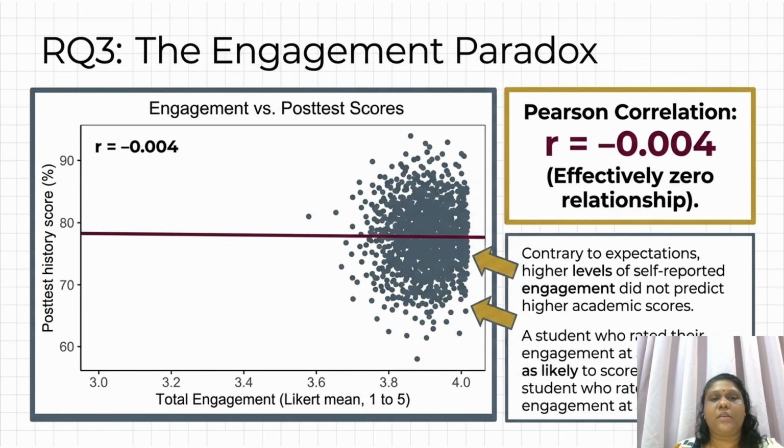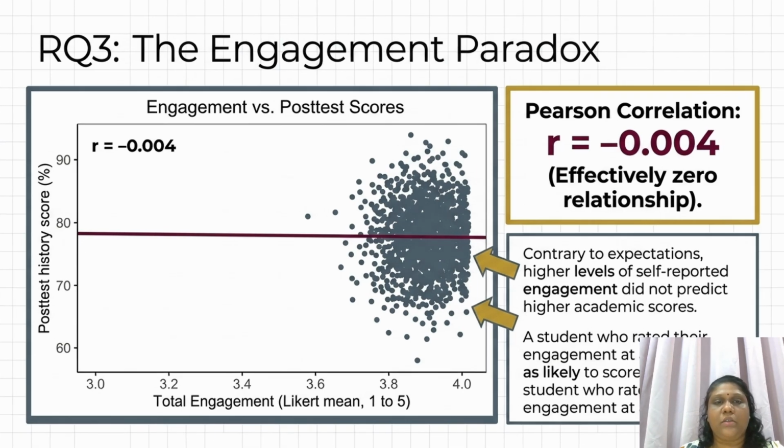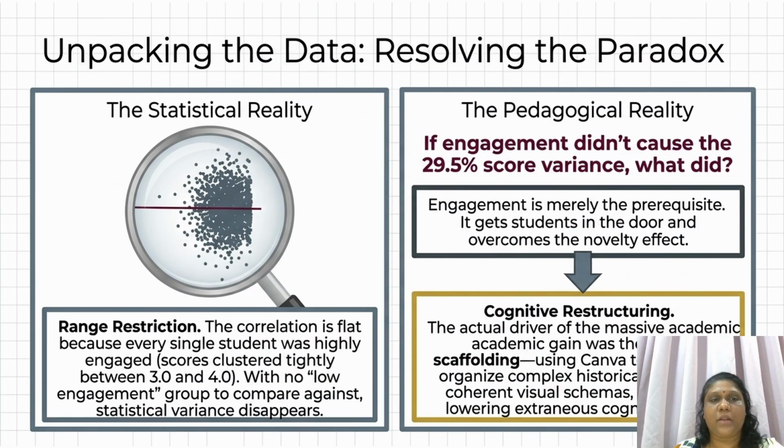Okay, so we can see the graph, the engagement paradox. This is the explanation for unpacking the data and resolving the paradox. The correlation is flat because every single student was highly engaged.